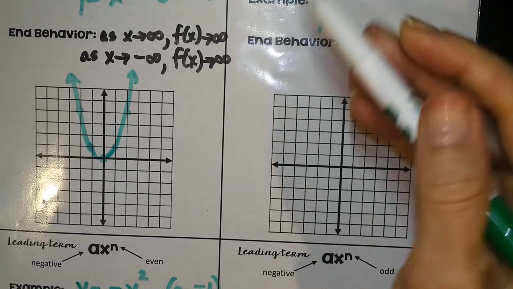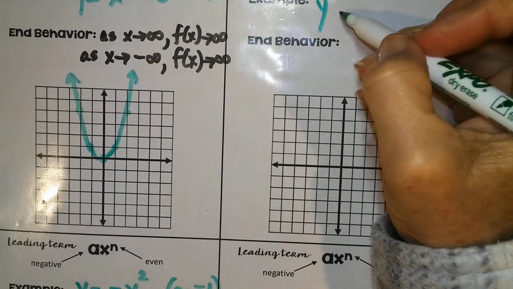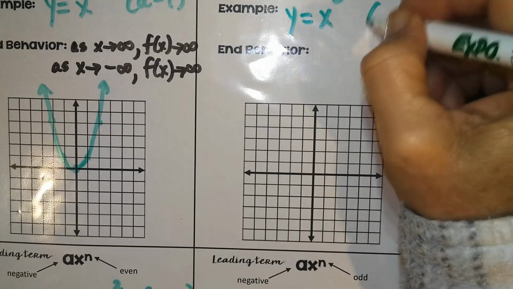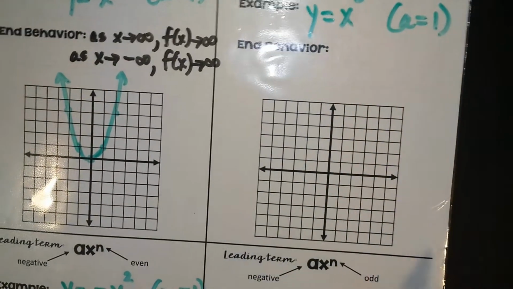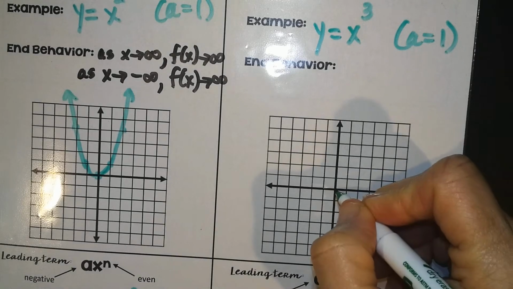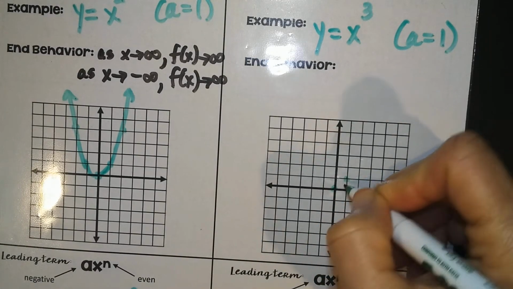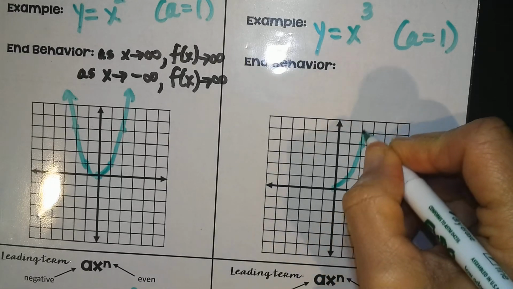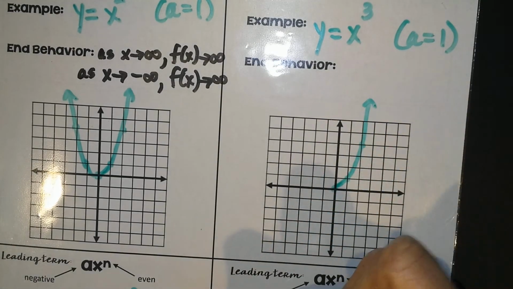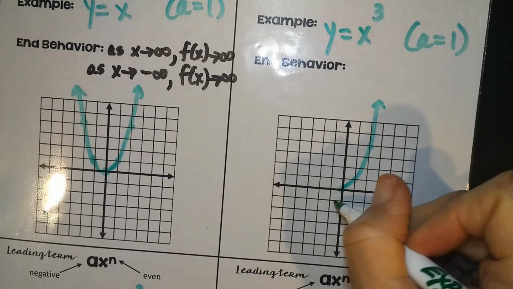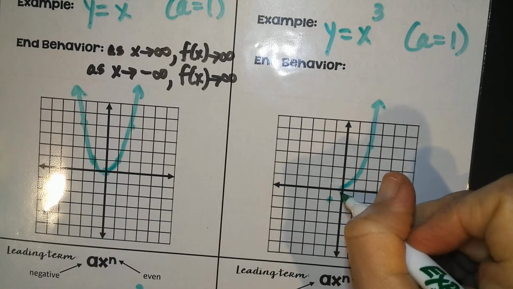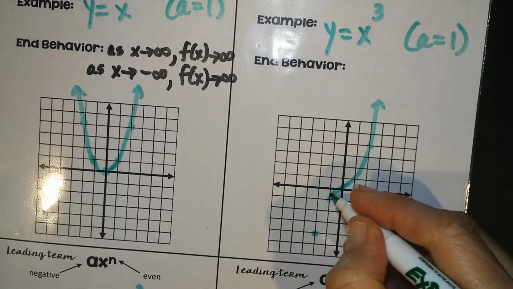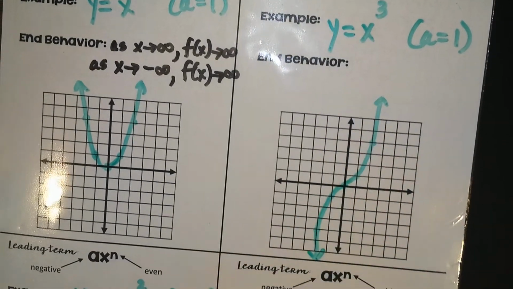So then we'll look at a couple other examples. Here, I want positive odd, y equals x cubed. Again, we have a equals 1 with our standard, and it looks like this. Half is a parabola, but the other half goes the opposite direction. So it looks like that.